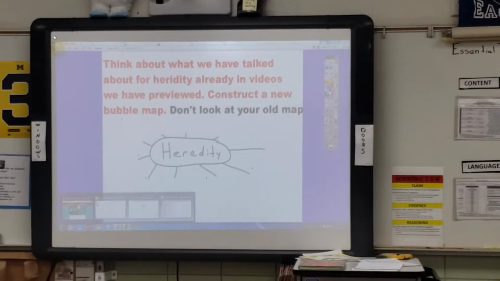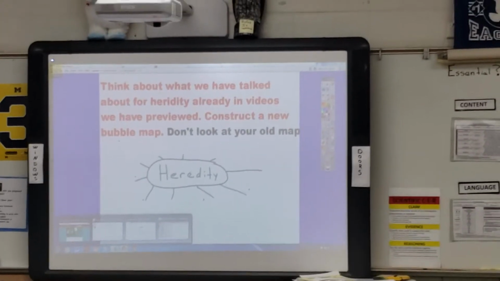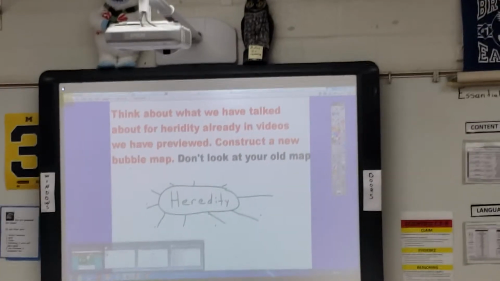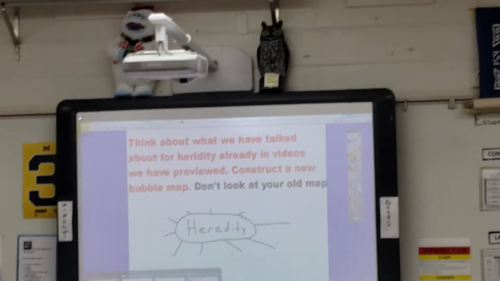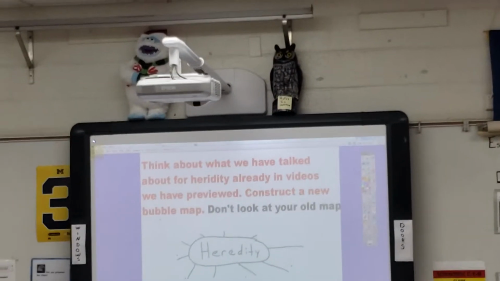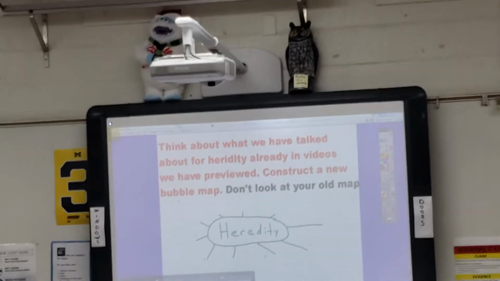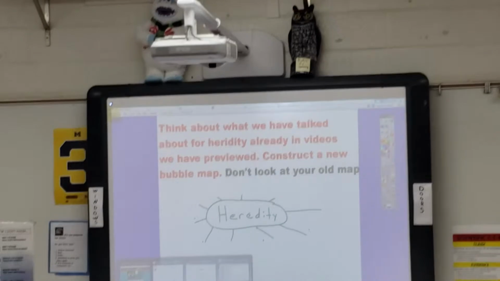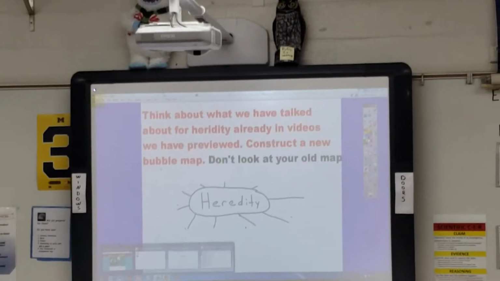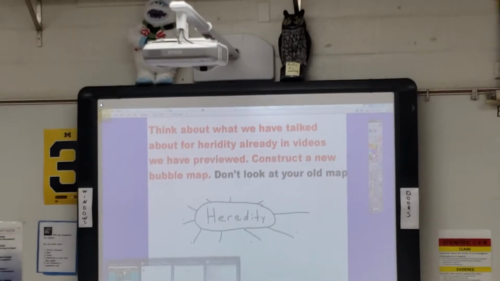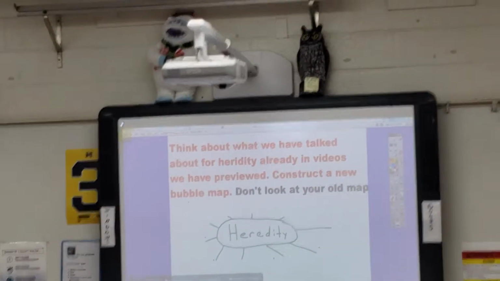So I want you to make a new bubble map and write down words that you remember about heredity, but I do not want you going back and referring to the one you did before. We'll compare the two later. Okay, it's 12:23. I'll give you till about 12:28 to work on that. Okay, go ahead.